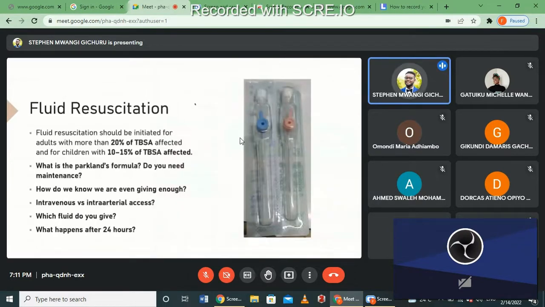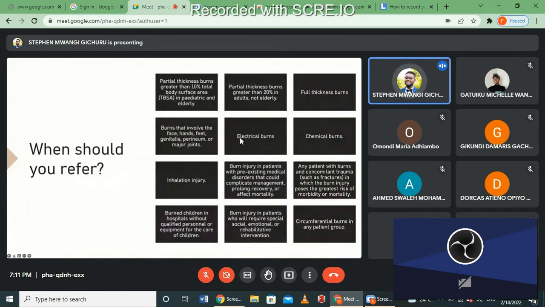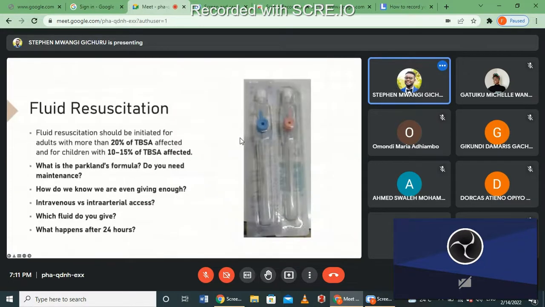That slide was very high yield. If you can't understand it, try and cram it before the exam, so that if they ask you an MCQ on which one is not a reason to refer, you can easily pick it out.